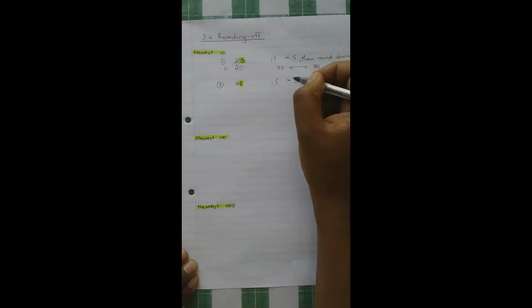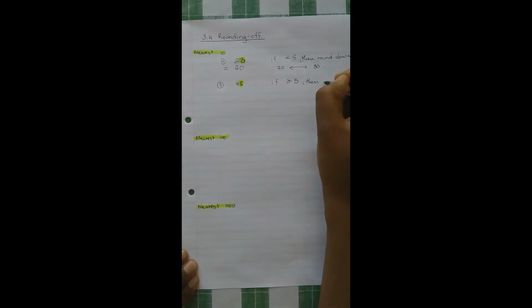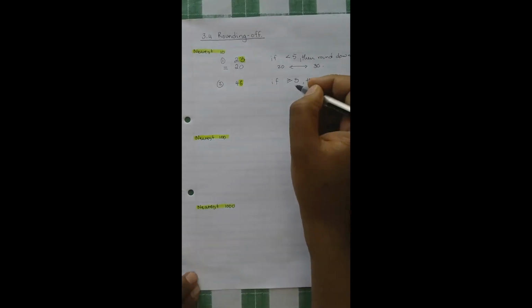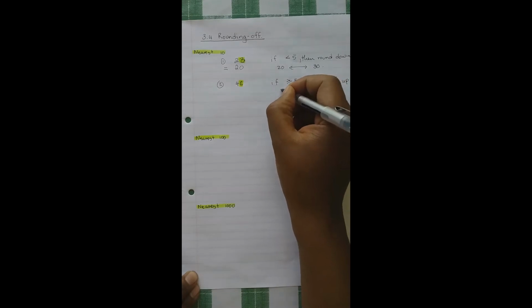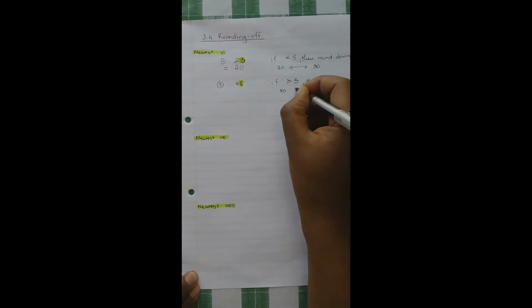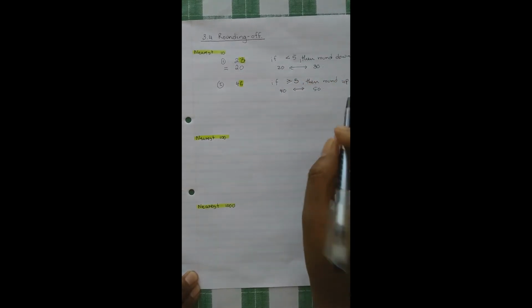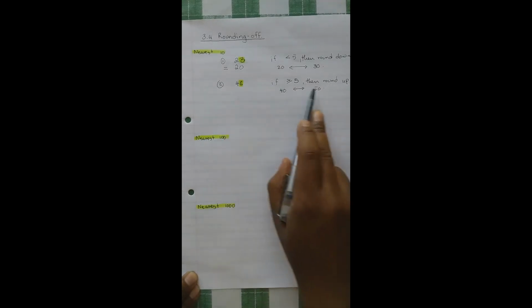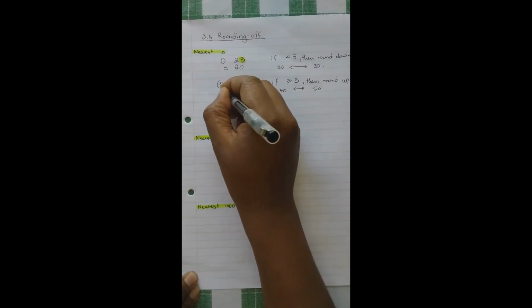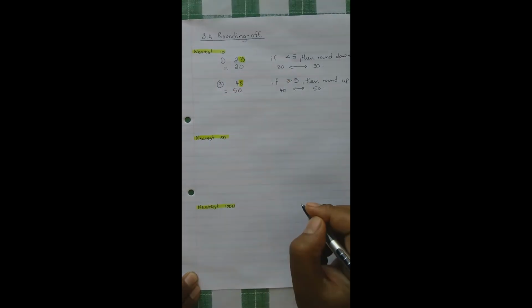So the rule on this one is that if your unit is greater or equals to 5, then we round up. 46 is between 40 and 50. So if we are rounding up, 46 becomes 50.